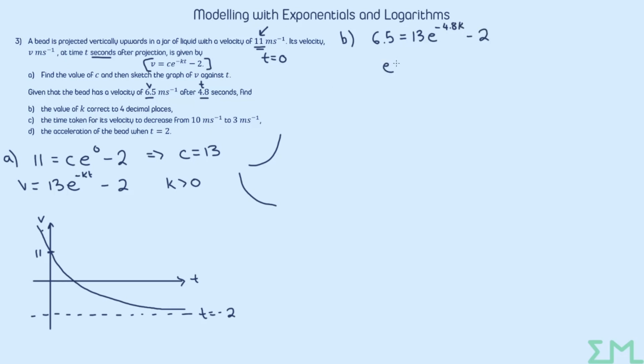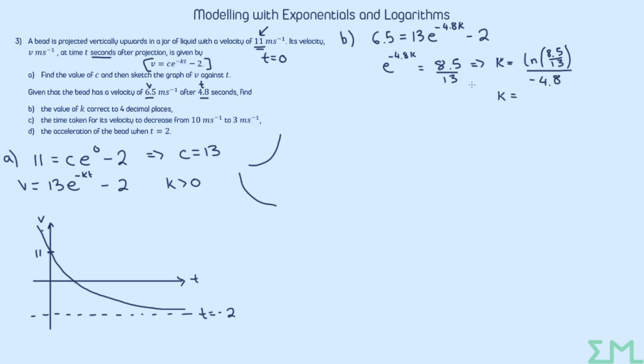So a bit of rearranging, e to the minus 4.8k would be 8.5 over 13, and then we would get to k by doing ln of the 8.5 over 13, and then we would divide by the minus 4.8.